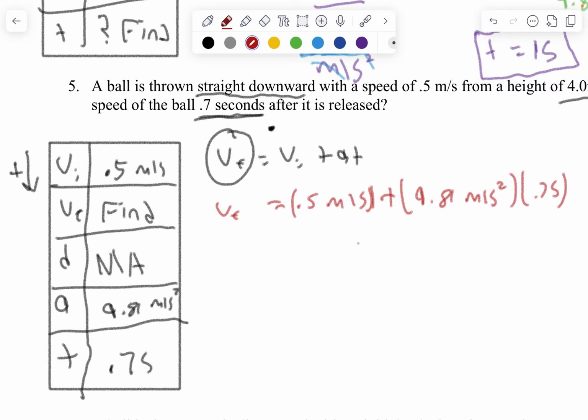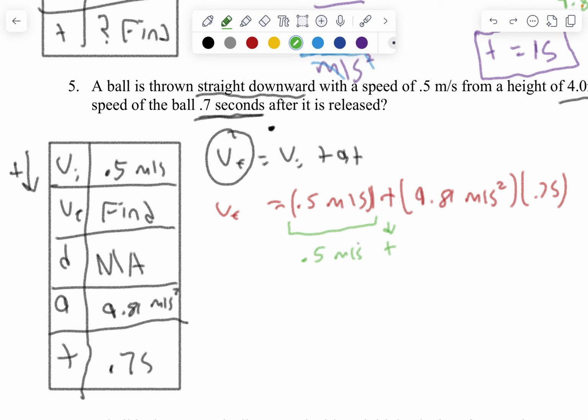So let's do each side of this equation. We have 0.5 meters per second. And then what is 0.7 times 9.81? Well, that is 6.87. So plus 6.87. And then what are the units going to be?